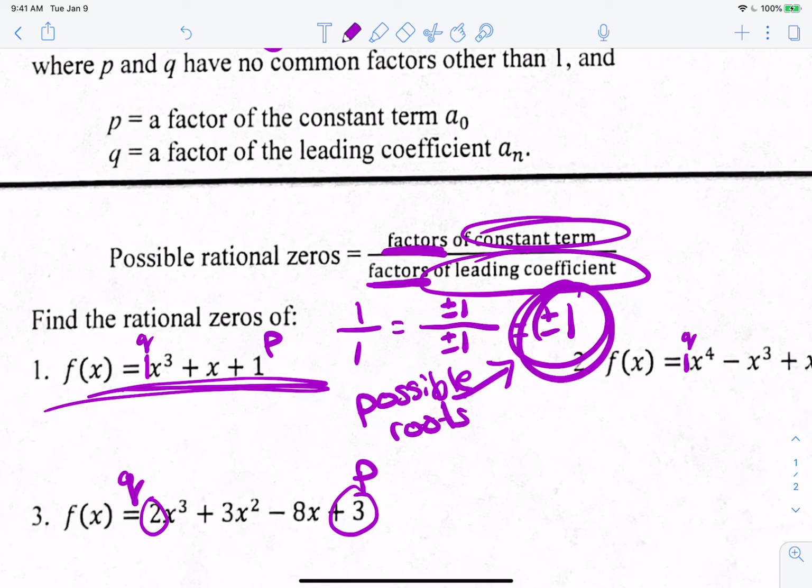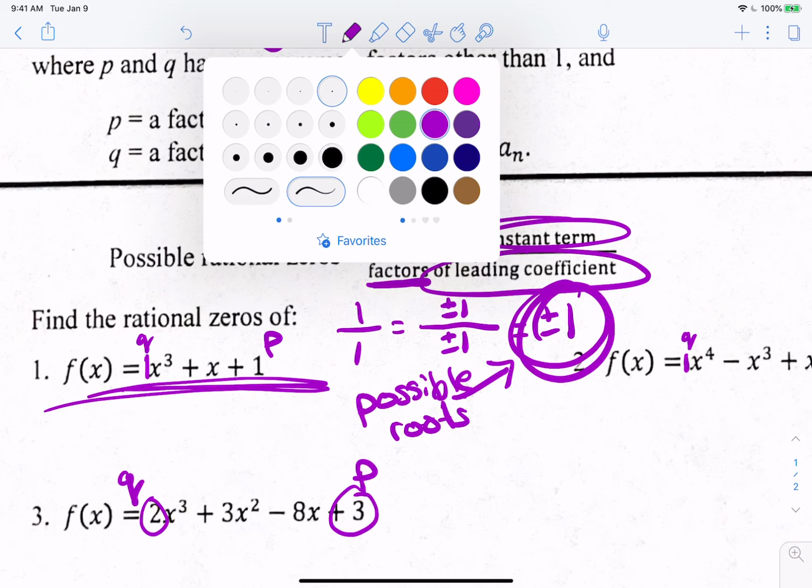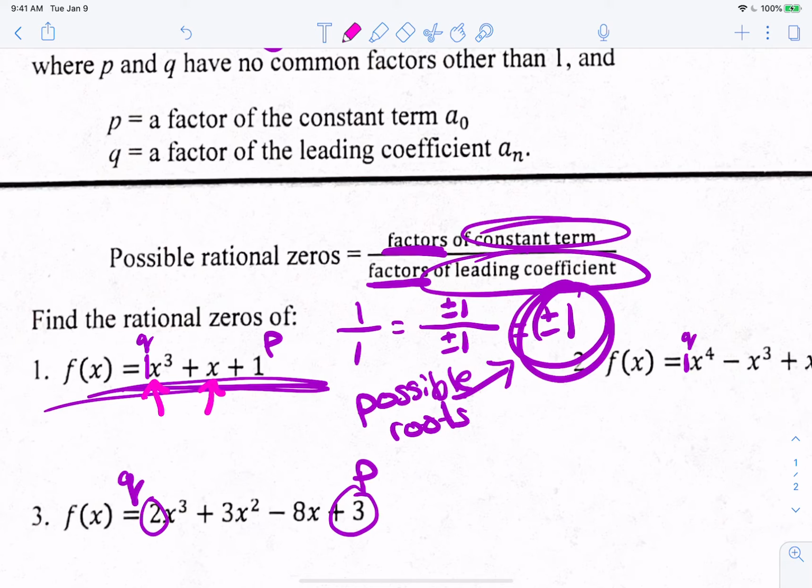Now, I don't know necessarily that it crosses at exactly 1 or exactly negative 1, okay? But I can figure it out by plugging 1 and negative 1 into this equation here. So if I plug a positive 1 in, 1 cubed plus 1 plus 1, that gives me 3.